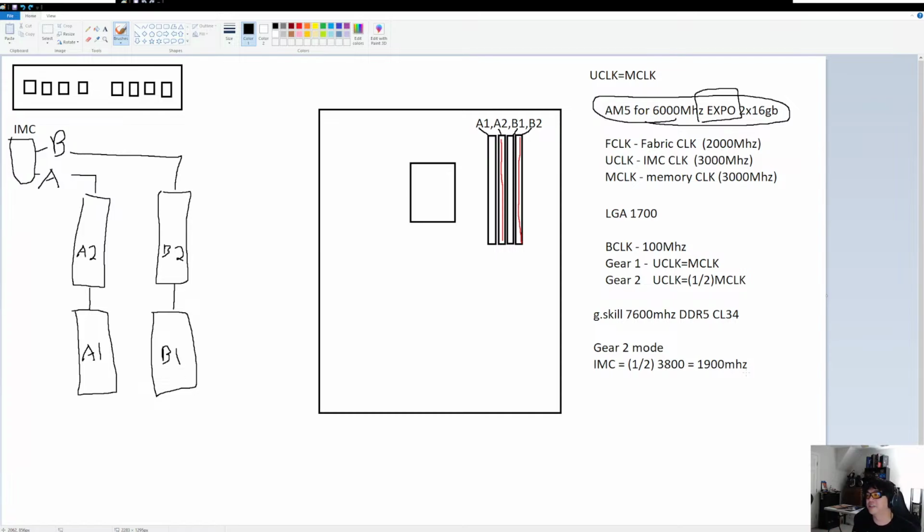Think of the IMC as a juggler, like a circus juggler, right? So when you have 2 channels, 1 DIMM per channel, the juggler is juggling typically 3 balls. The juggler is the IMC.